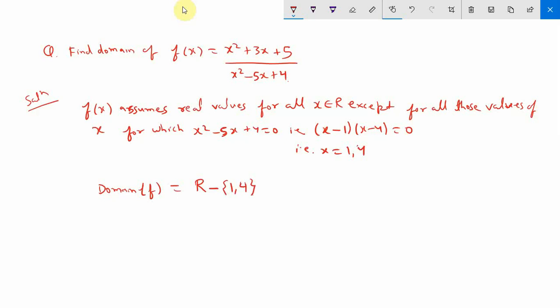Next we will solve another problem. Let me clean this. Please write down the problem.